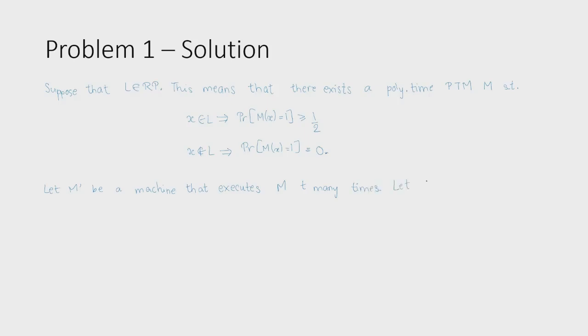Also let X_i be the random variable which is 1 if M(X) equals 1 during the ith iteration, and 0 if M(X) equals 0 during the ith iteration.